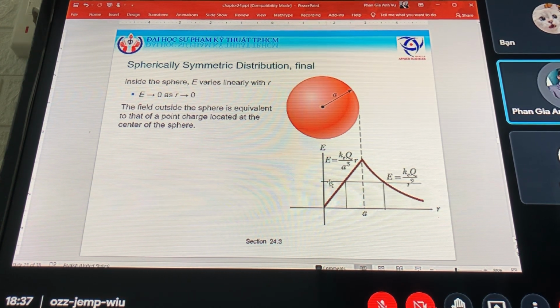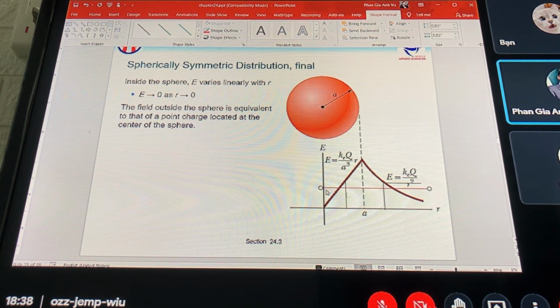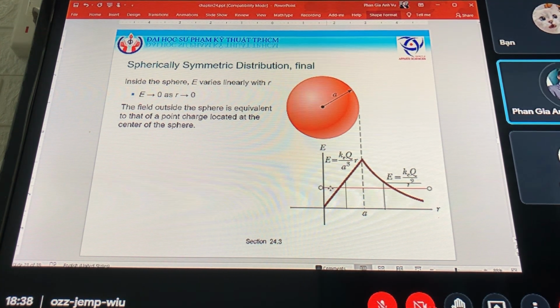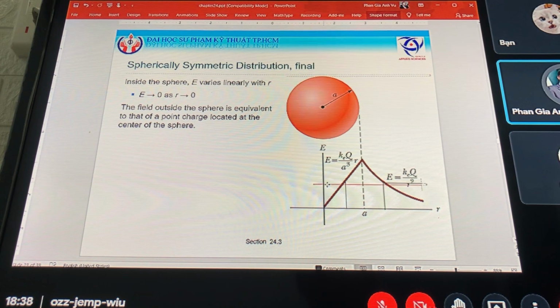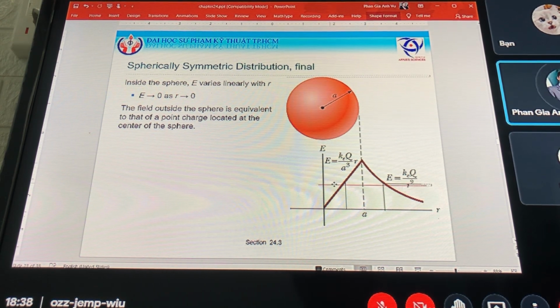Okay, so when I move the red line up, you always have 2 points, meaning 2 different distances to the center of the sphere, but the electric field will be the same. And this is the maximum of the electric field.